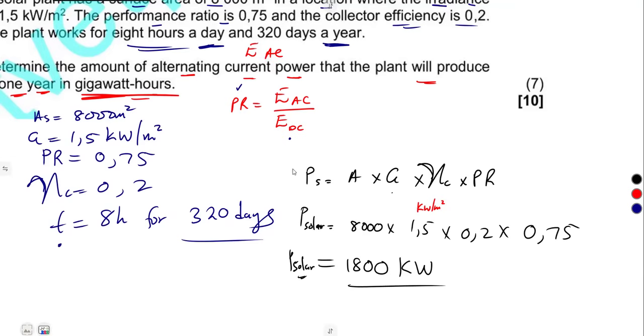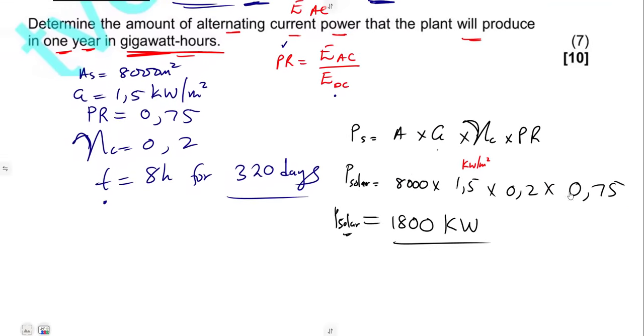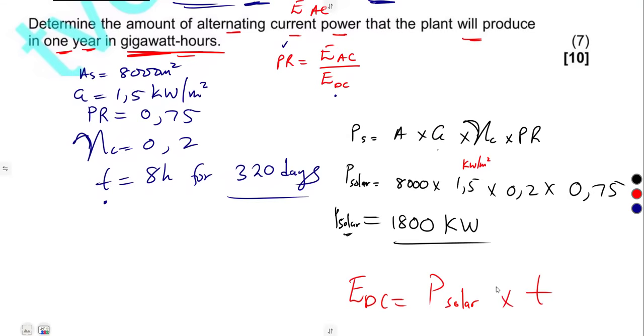Thus, from there, because we said we're going to need this EDC, the DC from that solar power. So we saw that our EDC is simply going to be the solar power times time, if we make it the subject of the formula.